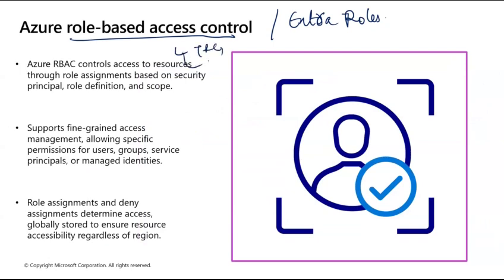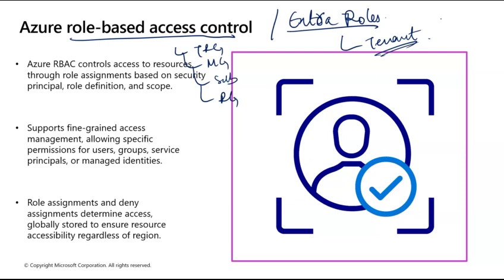They can be created at management group level, subscription level, resource group level, right? Entra roles are specific to a tenant only. They have a single scope. They cannot work beyond subscriptions, beyond tenant level. They cannot work at subscription level or management group level. No. These are only tenant level roles.